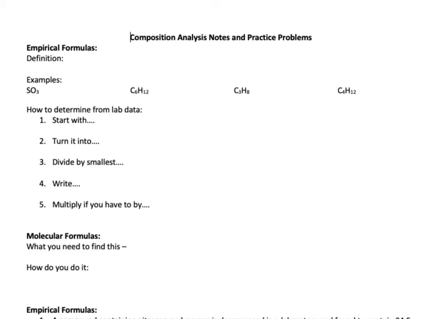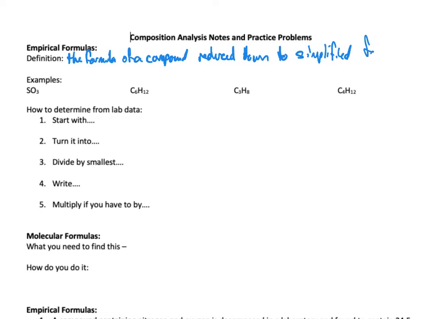Okay, so empirical formulas. Our definition: this is the formula of a compound reduced down to simplified form. That means the subscripts have been taken down as low as they can.